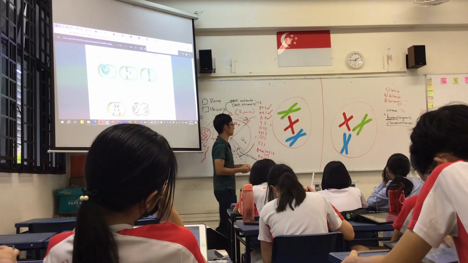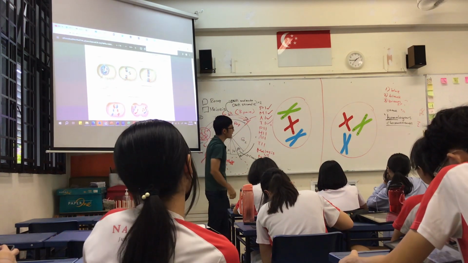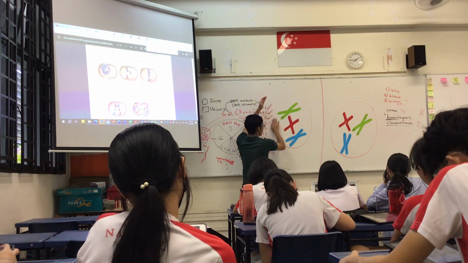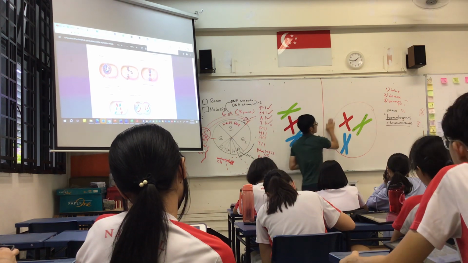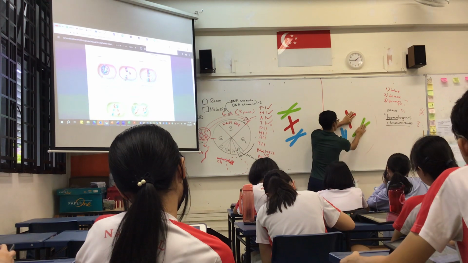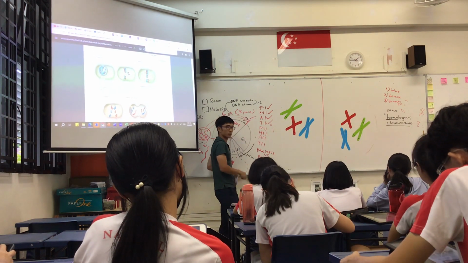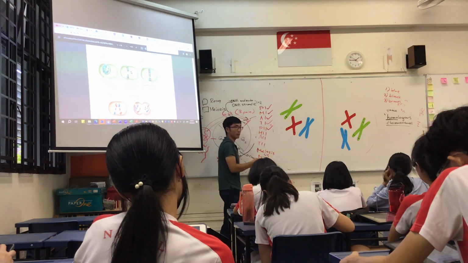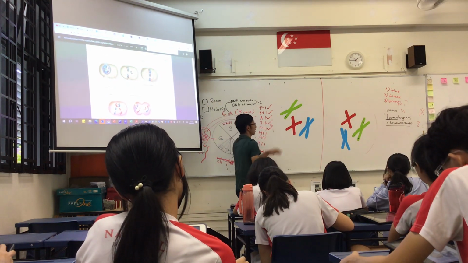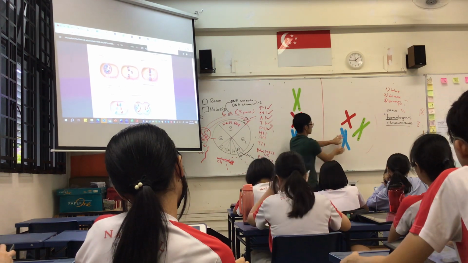Two separate cells. Let's go into prophase 2. In prophase 2, the nucleus will break down, and these chromosomes don't have a particular arrangement, kind of anywhere. We go into metaphase 2. These chromosomes will then align themselves at the equator.